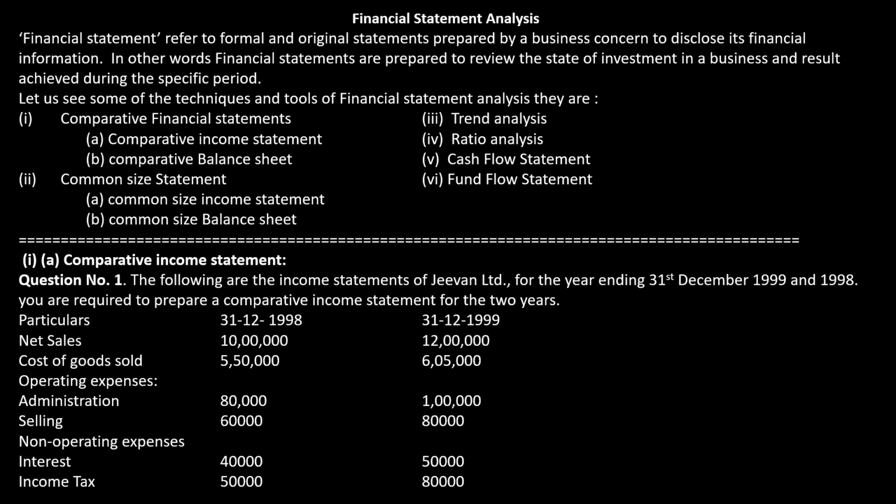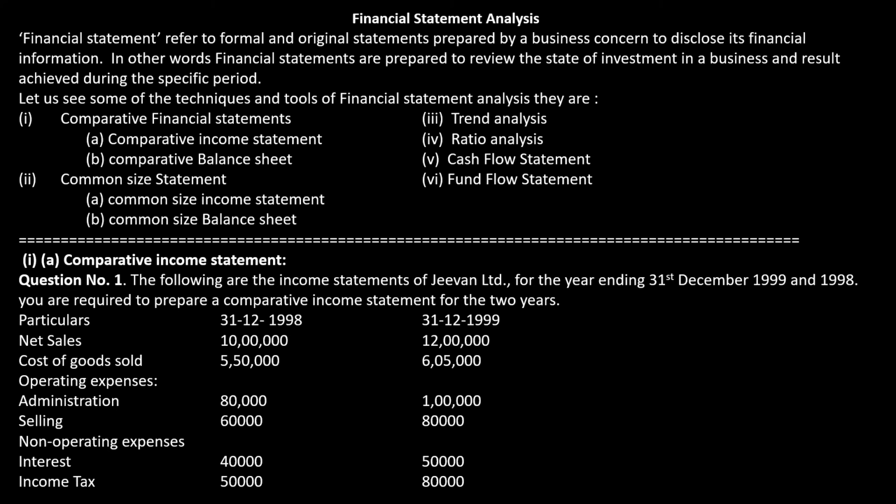Then let us see some techniques and tools for financial statement analysis. There are 6 different tools. First one is the comparative financial statement, under which you have 2 subdivisions: comparative income statement and comparative balance sheet.